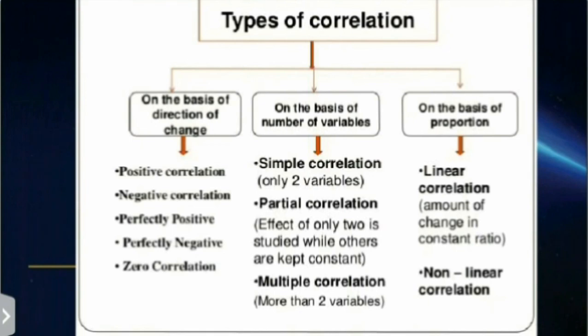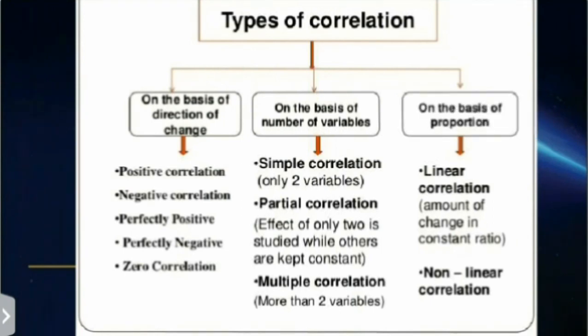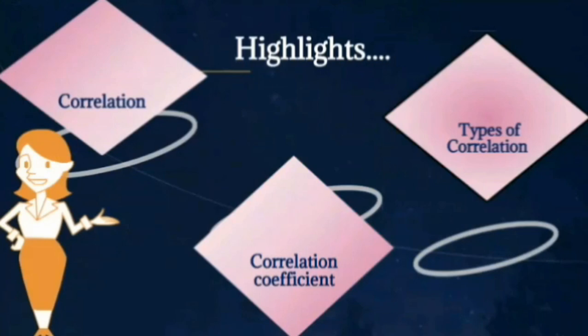On the basis of number of variables, correlation is classified into simple correlation, partial correlation, and multiple correlation. And on the basis of proportion, correlation is classified into linear correlation and non-linear correlation. These are the different classifications of correlation, and we will discuss each of these in our coming lectures.